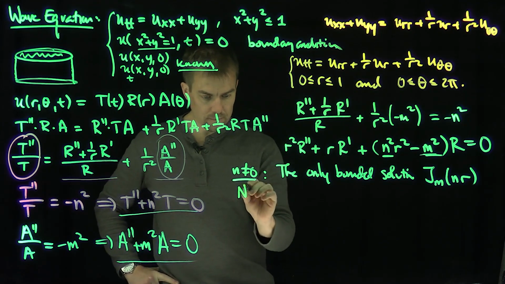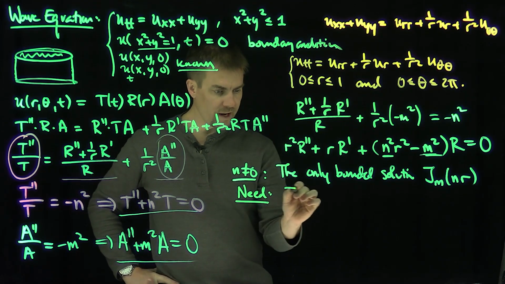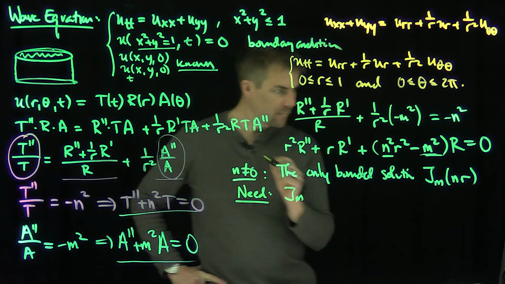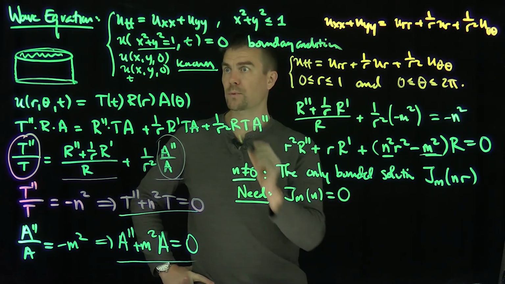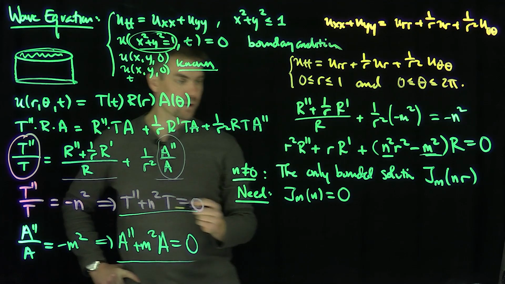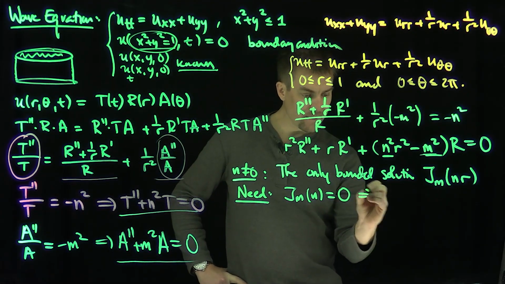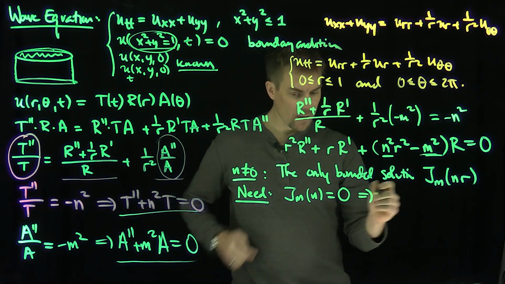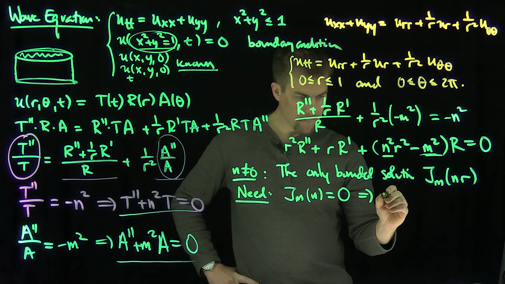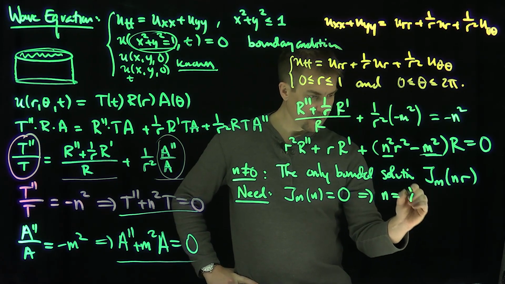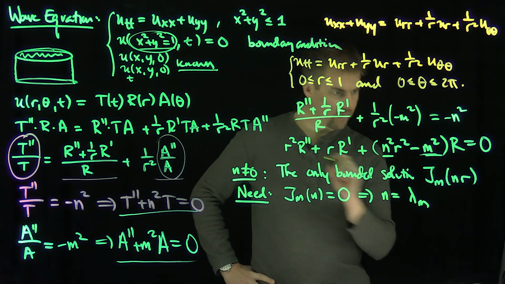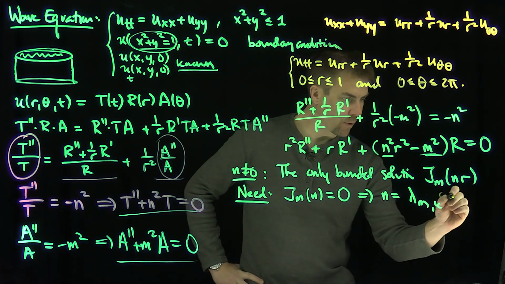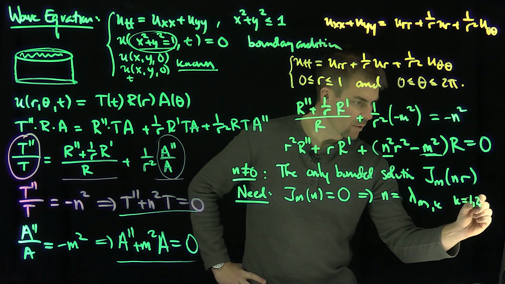We also need that Jm of n is equal to 0, because that's when I plug in r equals 1. That, of course, corresponds to r equals 1. So that says that n has to be a root of Jm. So n is really lambda mk, where m is the order of the Bessel equation, and k goes 1, 2, forever.